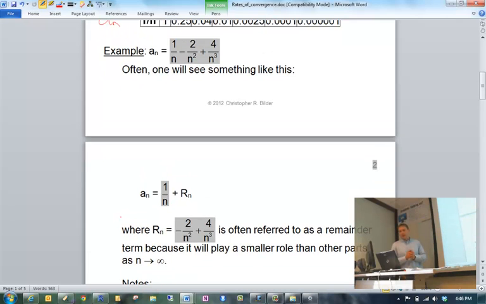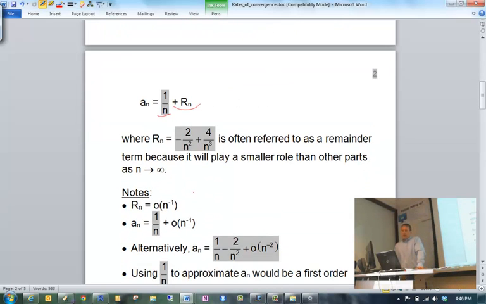Here's another example. Suppose A sub n is equal to 1 over n minus 2 over n squared plus 4 over n cubed. You often see stuff written like this: A sub n is equal to 1 over n plus some kind of remainder term, where the remainder term is everything else that was in that original A sub n.